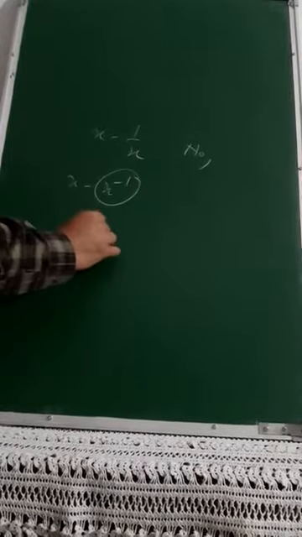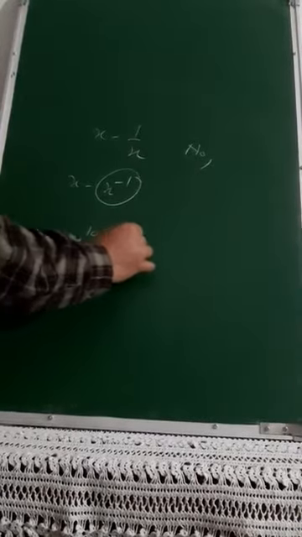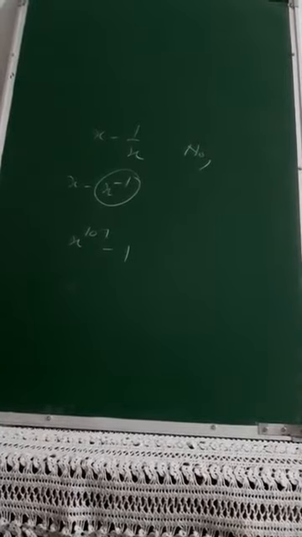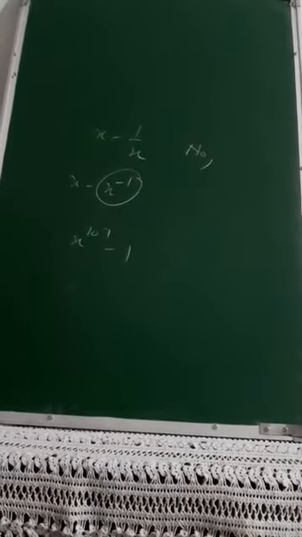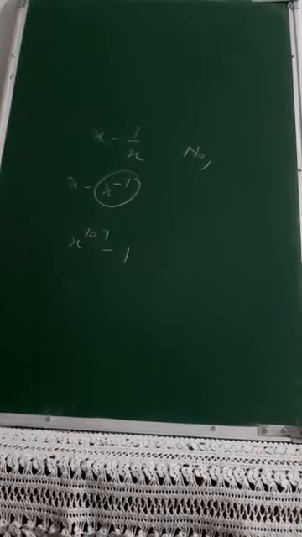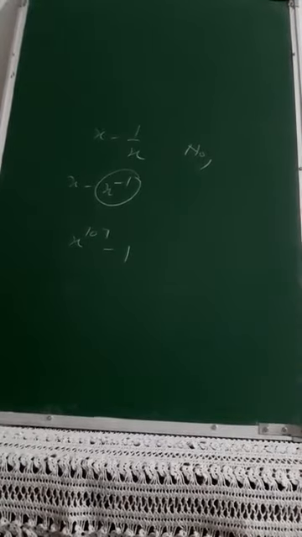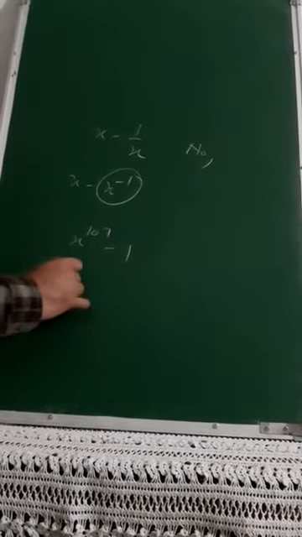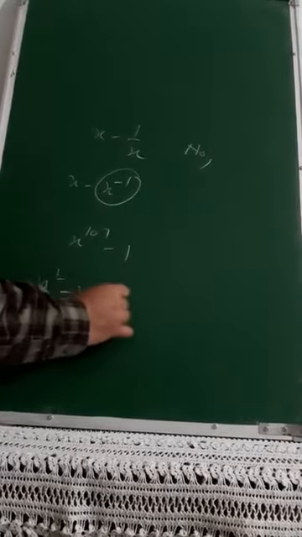The second part was x raised to the power 107 minus 1. So the power is positive, the base is x and the power is positive, so I can write that as a polynomial. Then the third part, y square minus 2y plus 3.